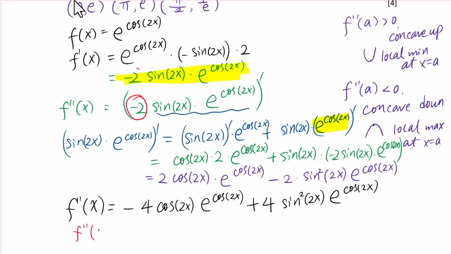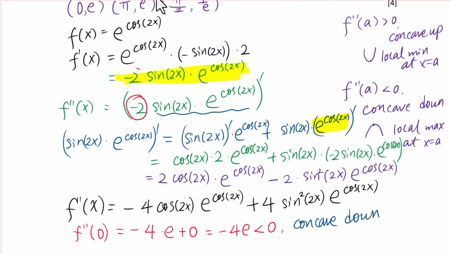F double prime of 0 equals -4 times e plus 0, equals -4e less than 0, which means the graph is concave down. So local maximum at point 0, e.